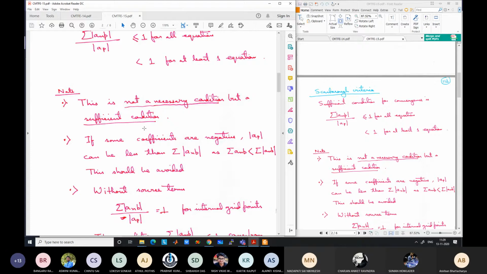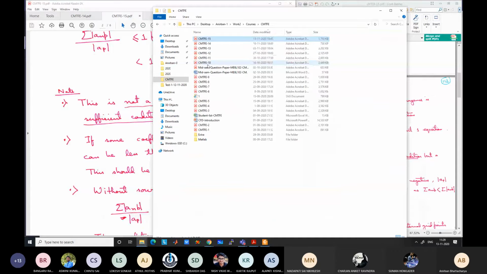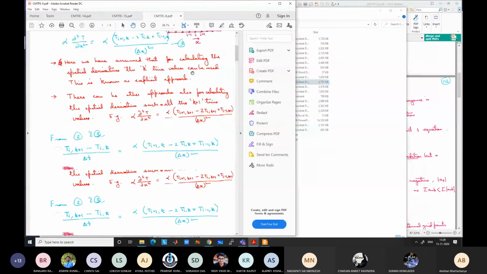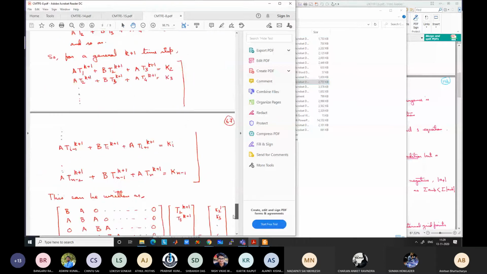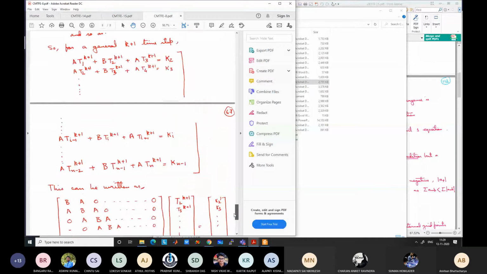So what happens is that if some coefficients are negative, and if you remember the form of the equation from our old discussion, somewhere it will be there, a long time back. Let me see.